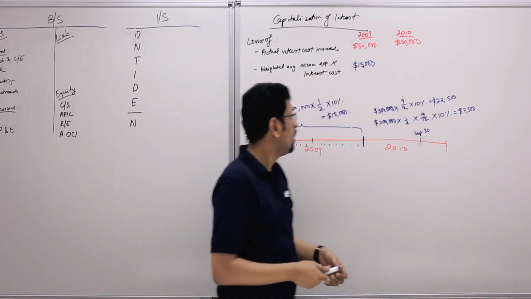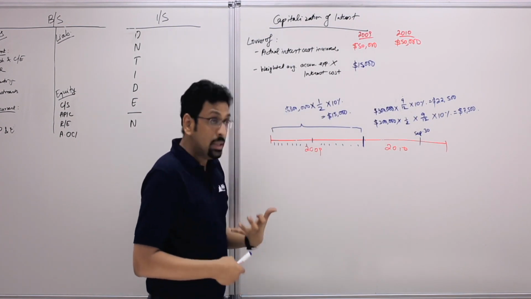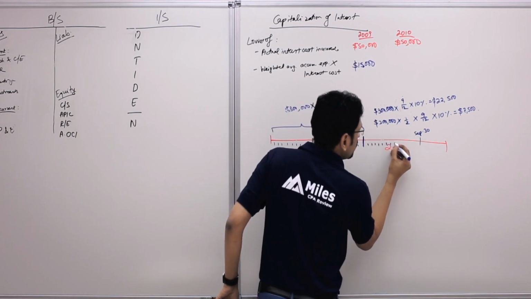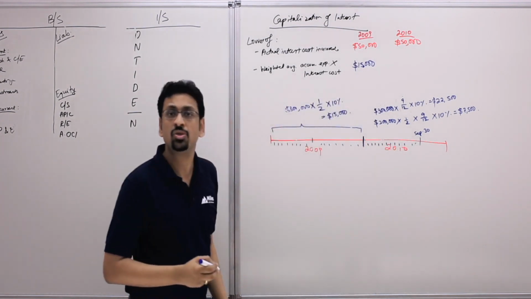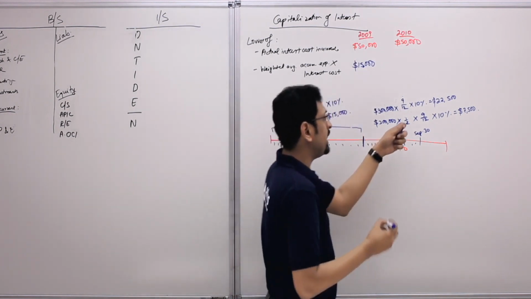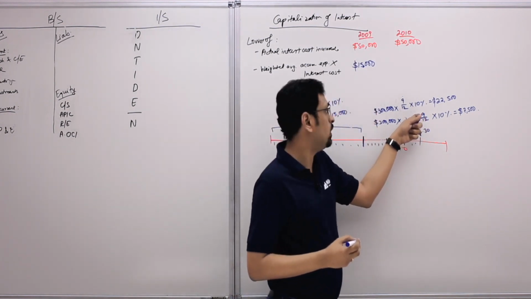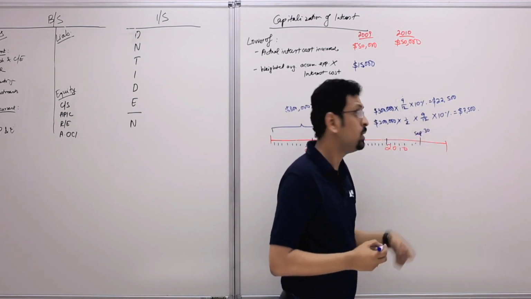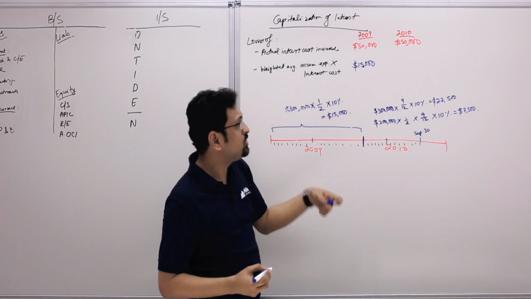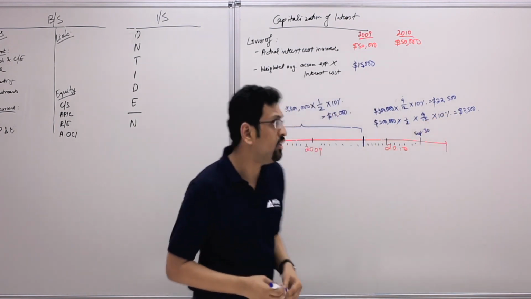Then the balance $200,000 is incurred during the first 9 months, so we multiply by half, by 9 by 12, times 10%, which gives you $7,500.